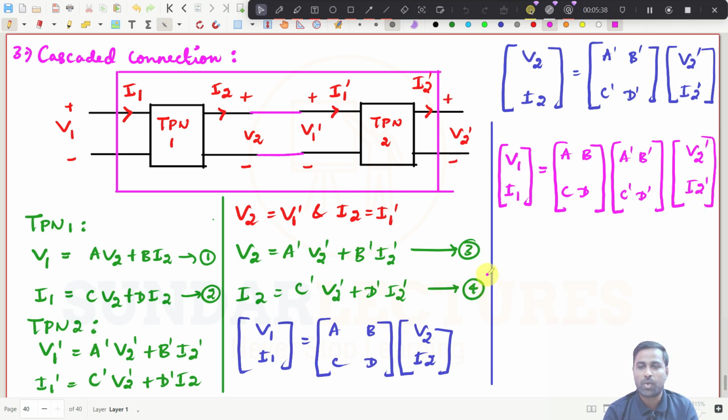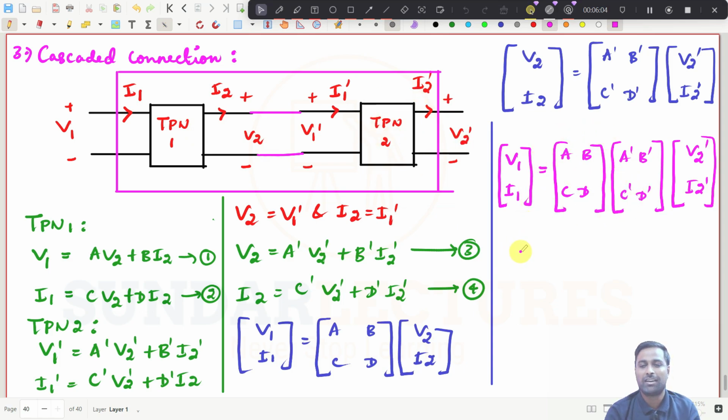See here, this is the input. What will be the input? It will be V1 and I1. And the output is V2 dash, I2 dash. That has come here, and this will be the equivalent ABCD parameter now. The multiplication of this two-port ABCD parameter and then this two-port ABCD parameter value will come here.